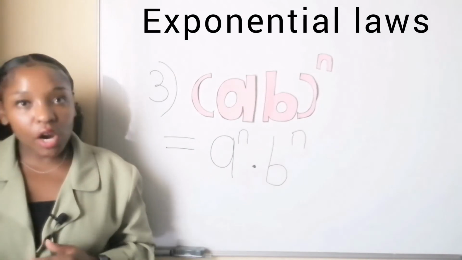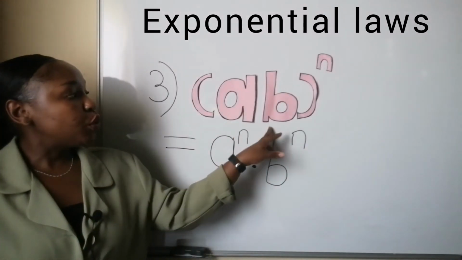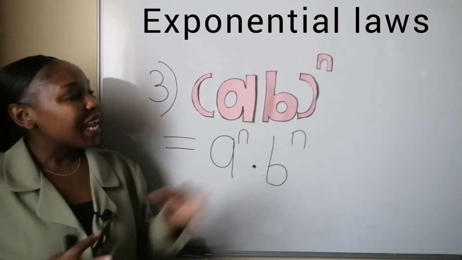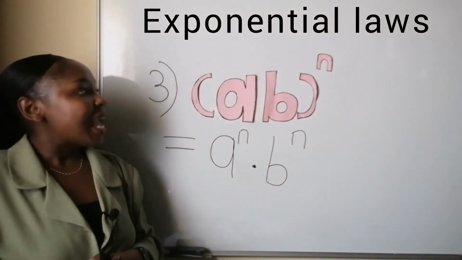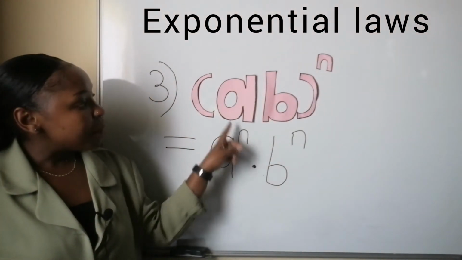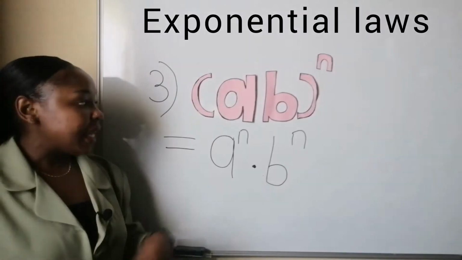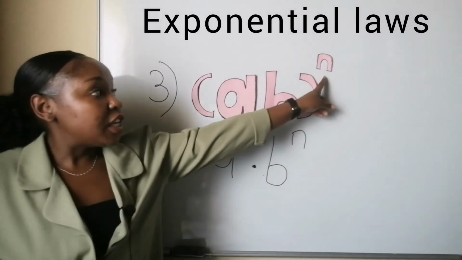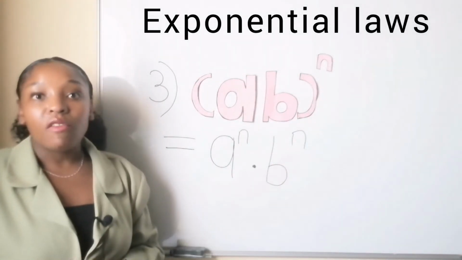With the third exponential law, if you've got two numbers in a bracket and they are all raised to an exponent, then those numbers can be individually raised to that exponent, meaning that a is raised to the power of n and the b is also raised to the power of n.